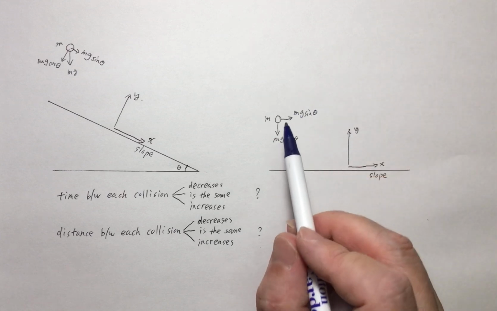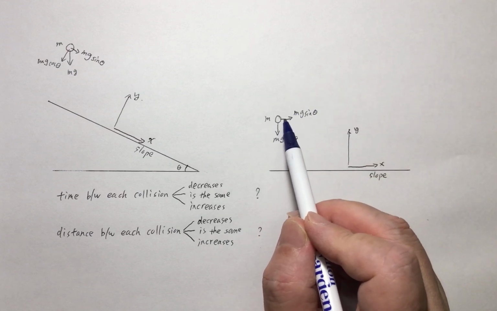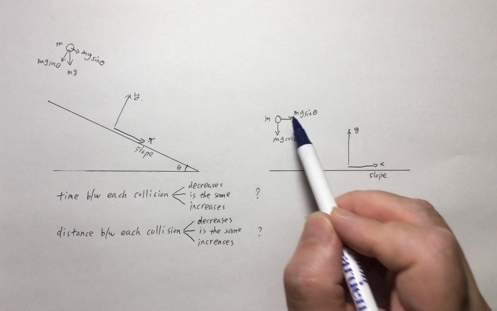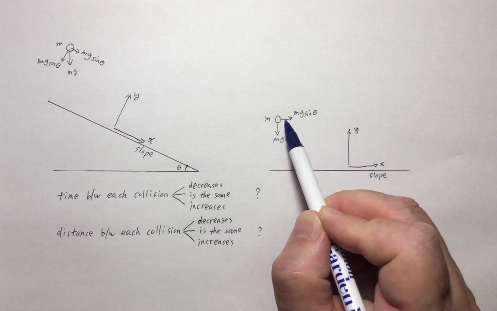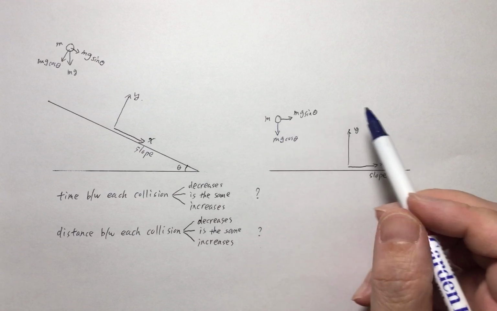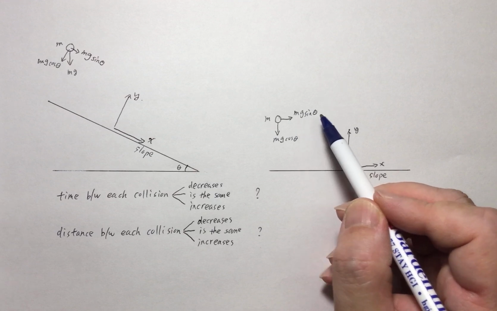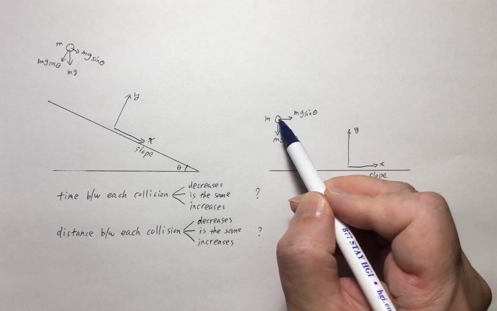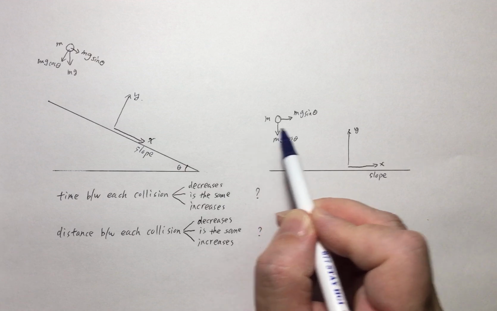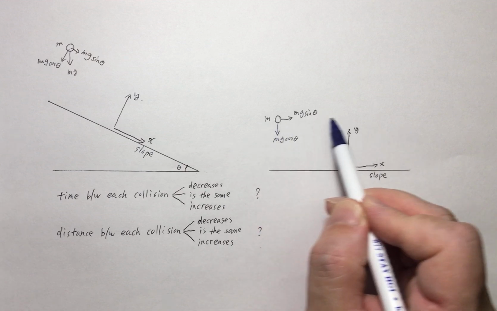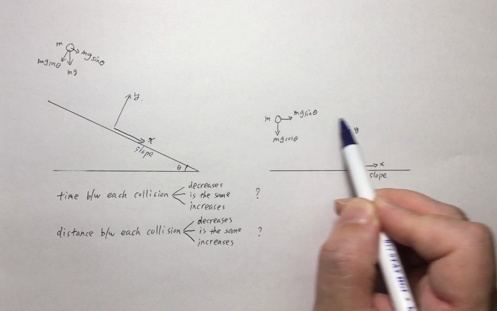But along the x direction, it is slightly different. On the x direction, it has a constant force acting on this ball, which is mg sine theta. So it will accelerate the ball along the x direction. So along the x direction, the ball moves faster and faster.